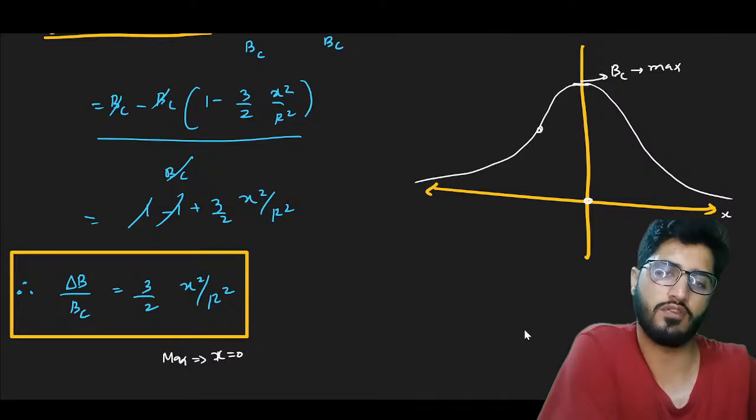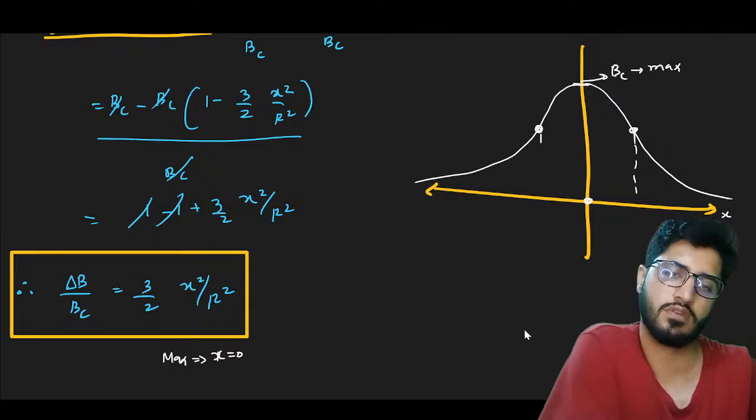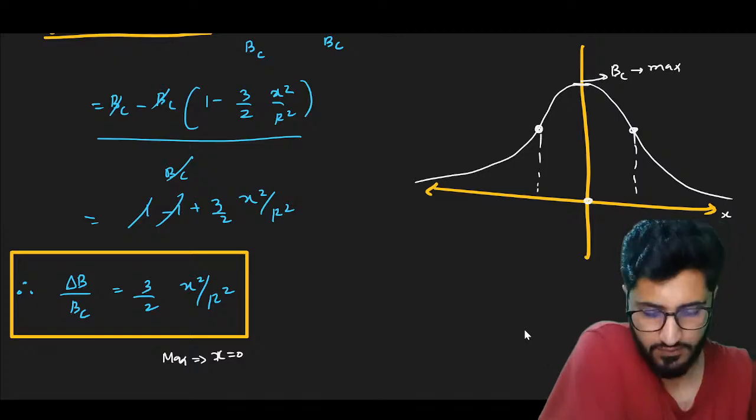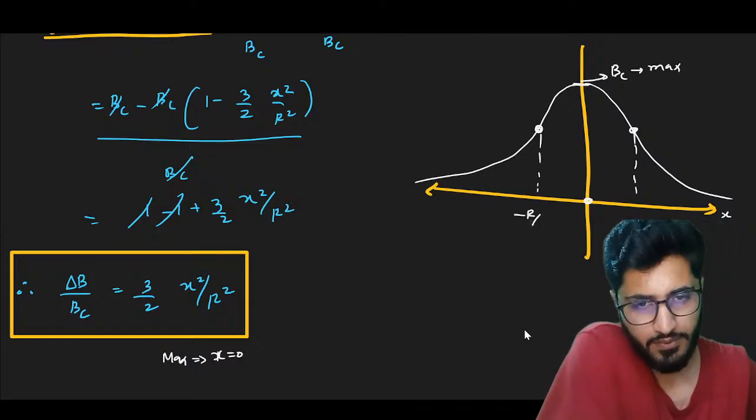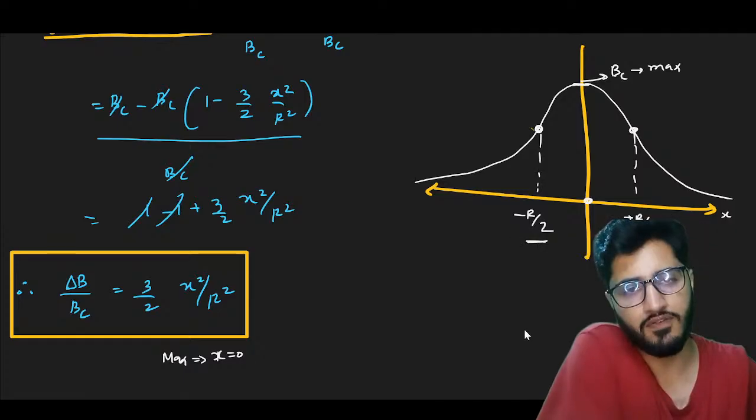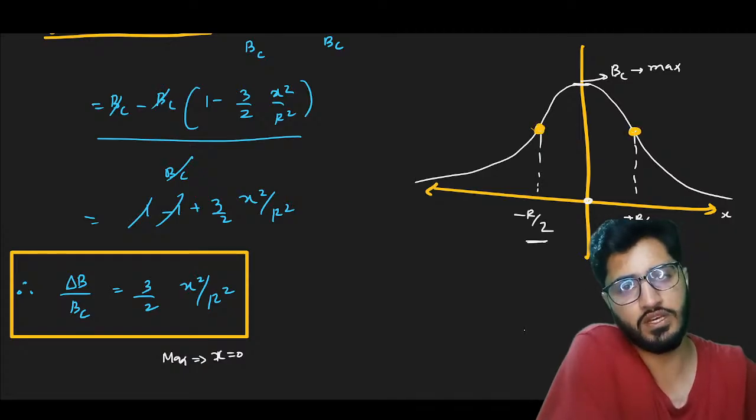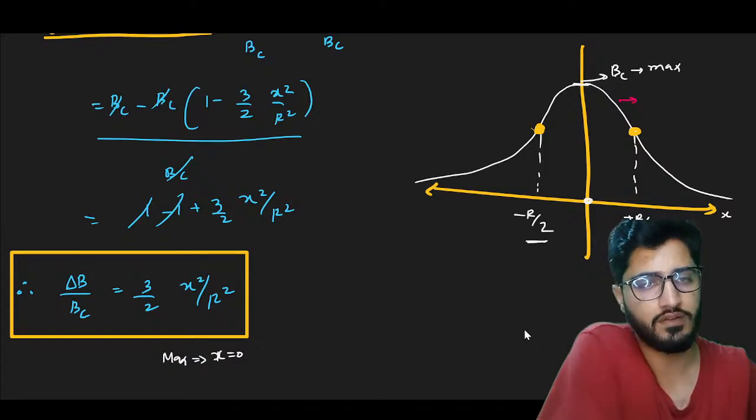We are having two important values here, minus R by 2 and plus R by 2. These are values where your graph changes its nature. Look here, until this point it is a parabola.